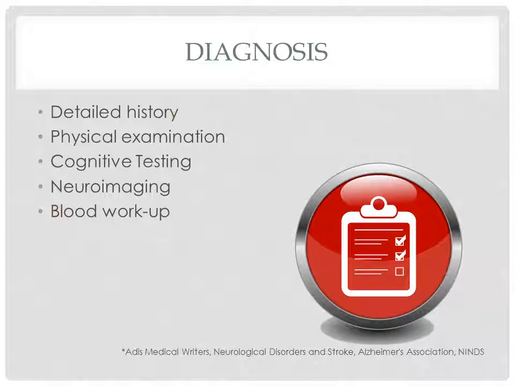Diagnosis. A diagnosis of dementia can be achieved through a detailed history of presenting complaints, such as cognitive, behavioral, or psychological symptoms, and a mental state examination to exclude psychiatric comorbidities and identify any anxiety, depressive, or psychosis symptoms.